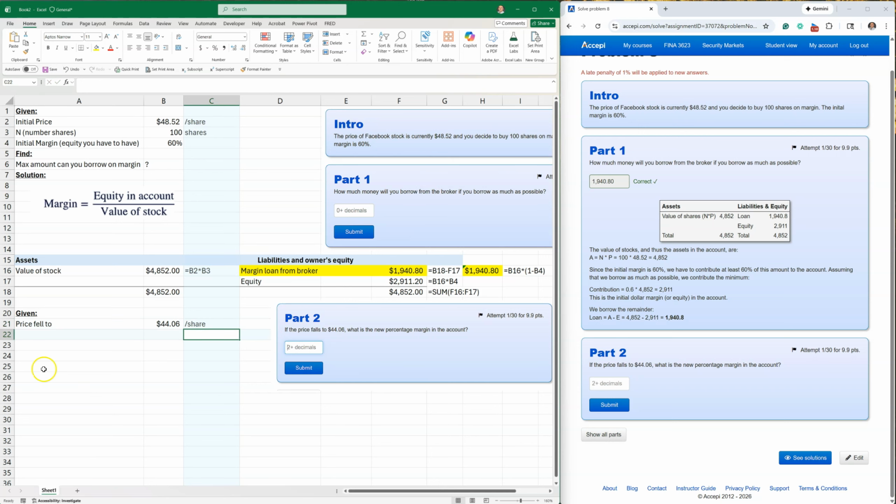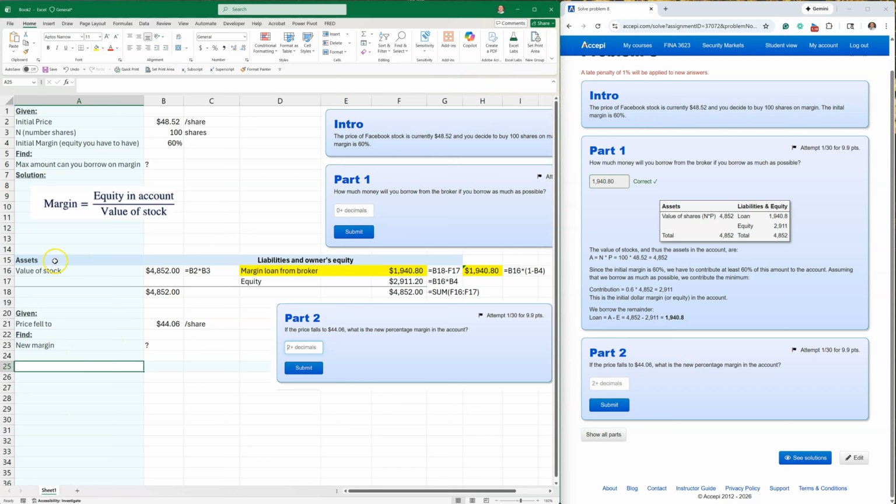And we want to find the new margin. So how much equity do you have now? Remember, it's the equity you have.